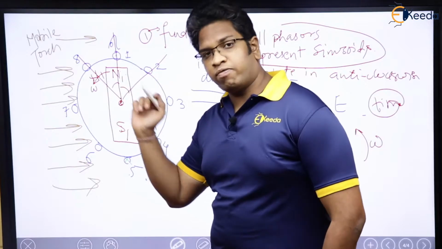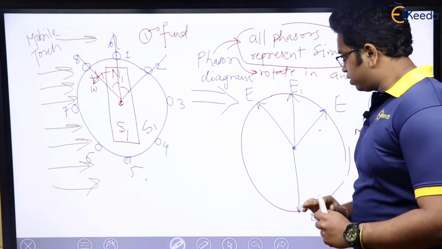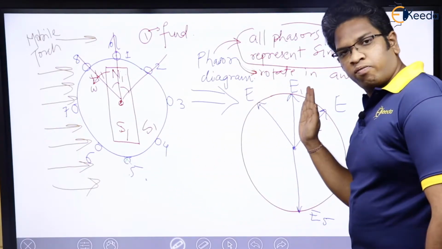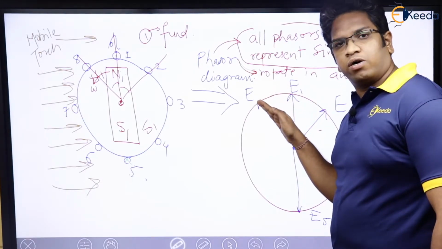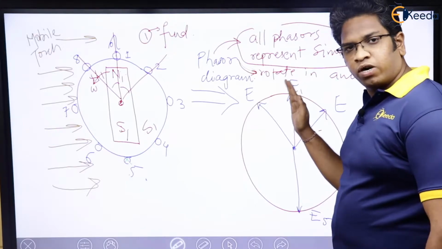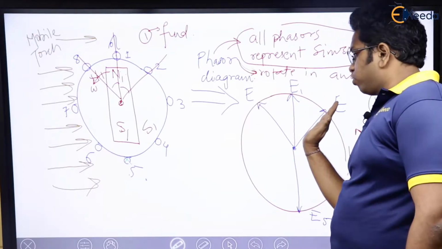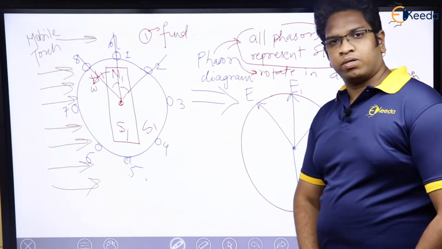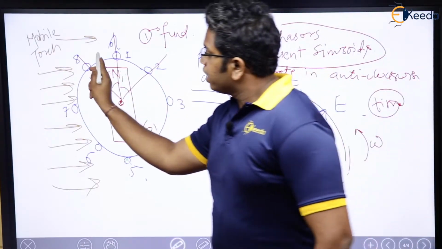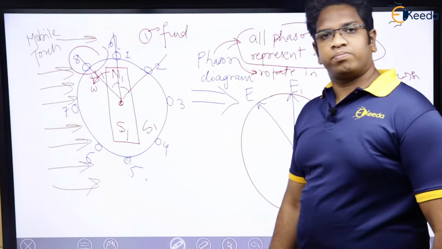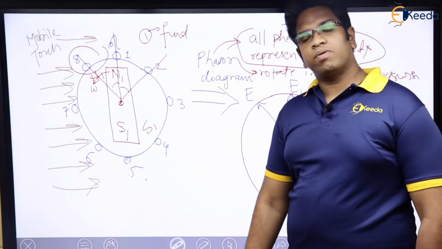Now just think, if this particular phasor E1 is rotated by 45 degrees, this particular phasor will become maximum. So from there we understand that after 45 degrees, E8 is going to be maximum.